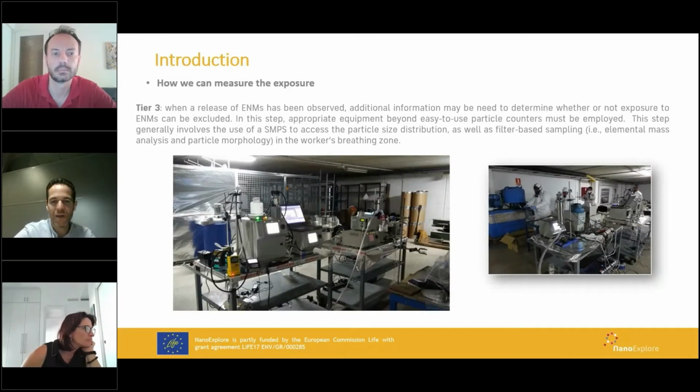And at the end, for a big process where there is a big release of materials, or if we are very interested in understanding the levels of exposure, the site distribution of the materials in the area where we are developing the processes, we can use a big number of instrumentation, complex instrumentation.